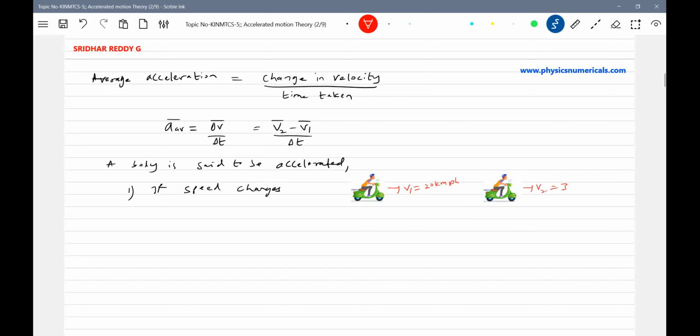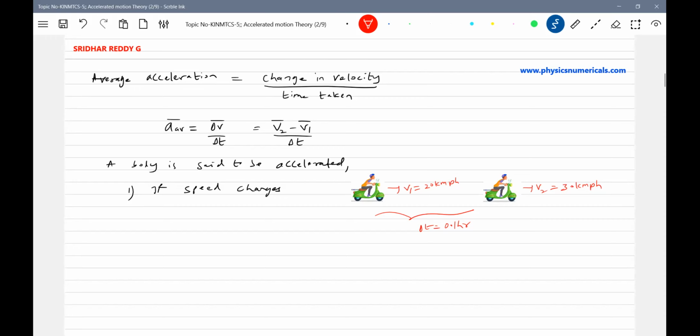Now it is moving with 30 kilometer per hour. So shall we say that it is accelerating? V2 minus V1, and let's say it will take a time of 0.1 hour.